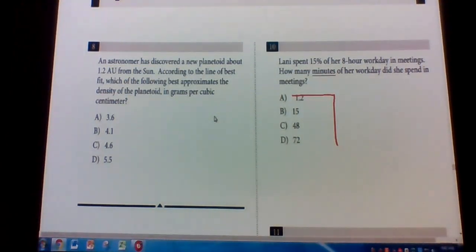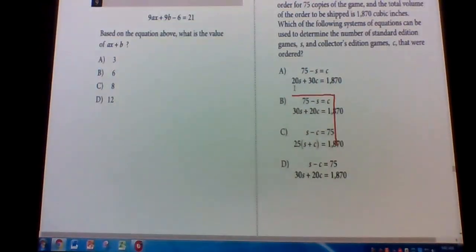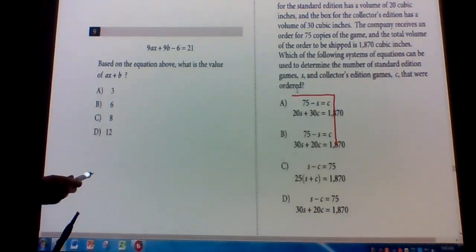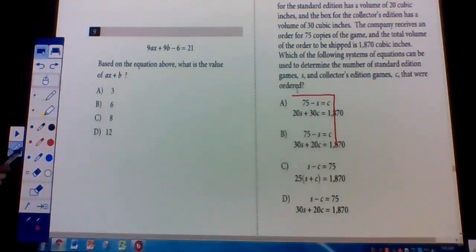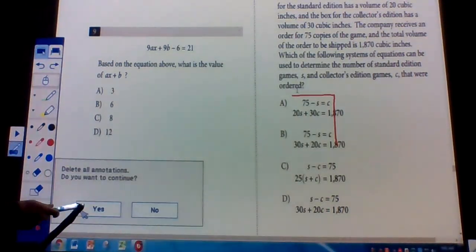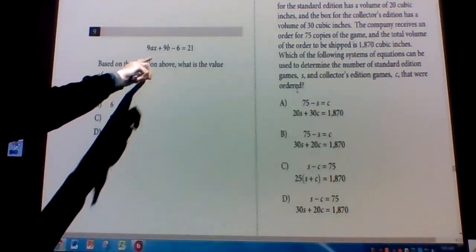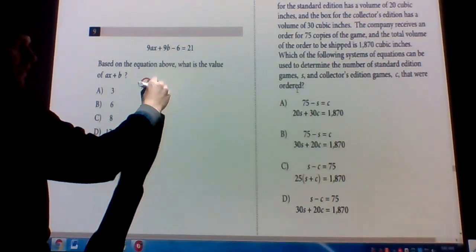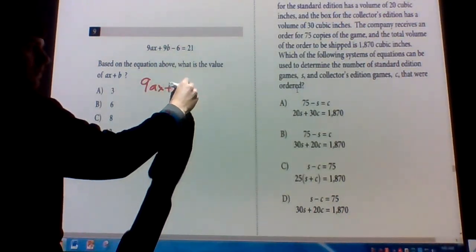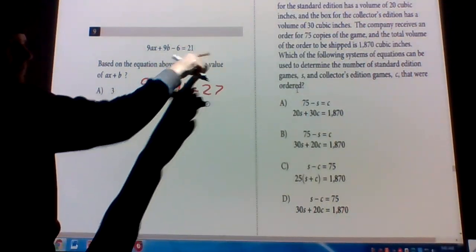Alright, number 9. Based on the equation above, what is the value of ax plus b? Okay, so move the 6 over to the other side, you get 9ax plus 9b equals 27 if you add the 6.